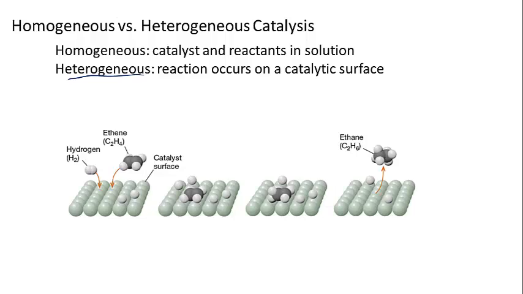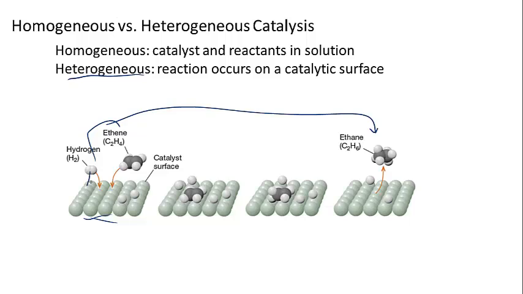An example of this would be a catalytic converter in a car, which gives a metal surface for nitrogen oxides to react on. A pictorial example would be an ethene molecule reacting with an H2 molecule. These two react to make an ethane molecule. What happens is the H2 molecule comes down onto this metal surface, which I believe is platinum.